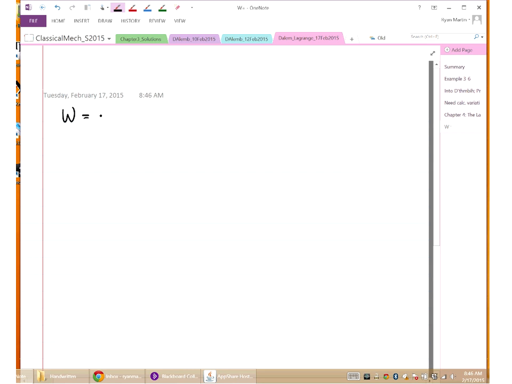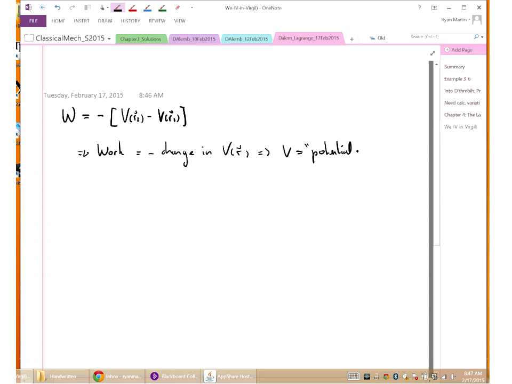And so if I want to write that with the redundant minus sign, the total work done by the force is minus V at R2 minus V at R1. So the work is minus the change in V. Hence, V really is what we like to call potential energy.